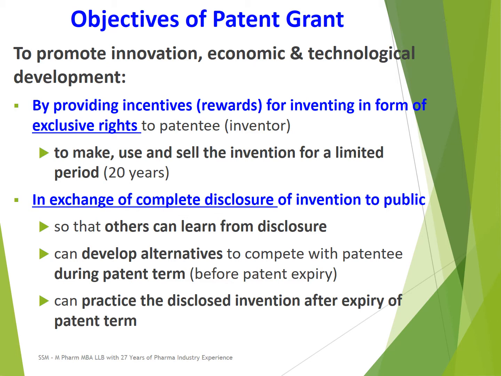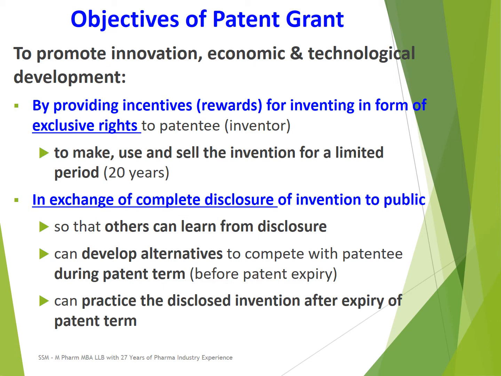In exchange of getting exclusive right, the patentee or inventor now has to disclose his invention in complete detail, so that others, the public, can learn from that disclosure, and others can develop alternatives to that invention so that they can compete with the inventor during the patent term or before expiry of the patent.